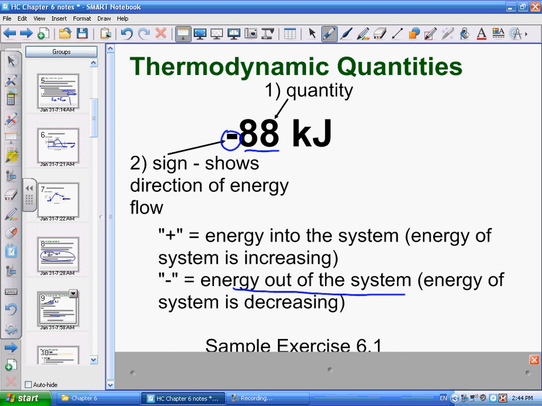Okay? If I have a negative symbol, it means that energy is being expelled, or exothermic, or exiting, or leaving the system. If this was a positive up here, rather than a negative, then I have this particular case where energy is going now into the system from the surroundings.